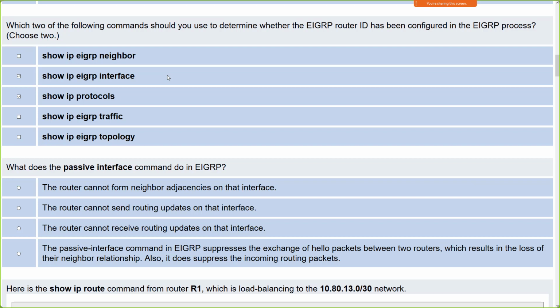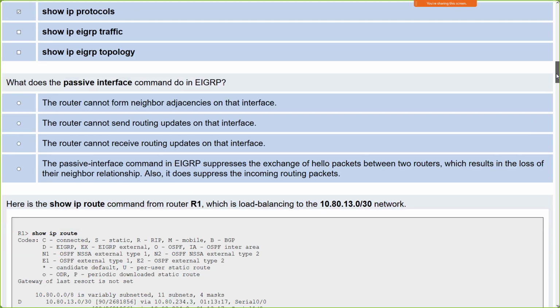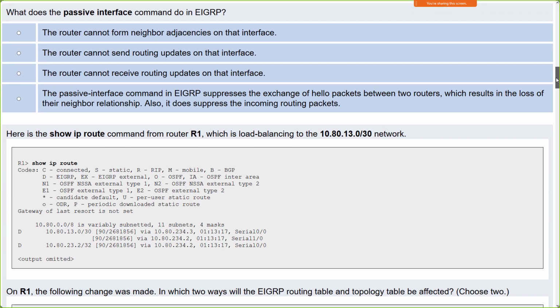Okay. What does the passive interface command do? We talked about that as well as part of our discussion. Passive interface allows a network on an interface to be included in the routing process. In other words, it allows the network to be advertised. However, it suppresses the protocol on the interface.